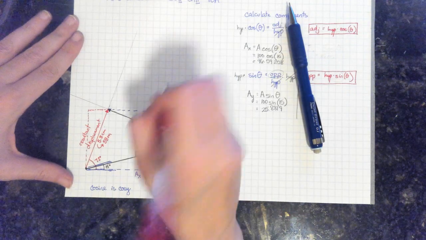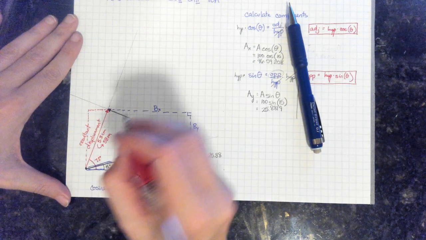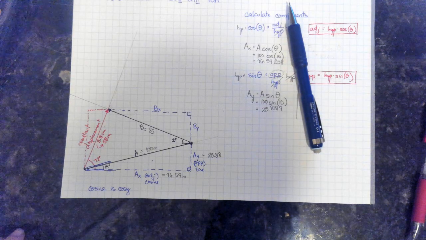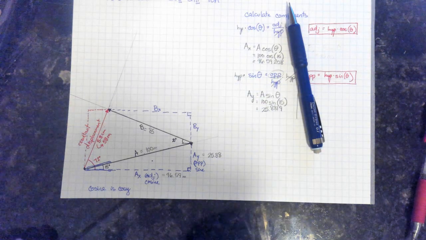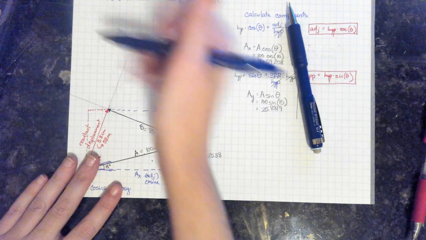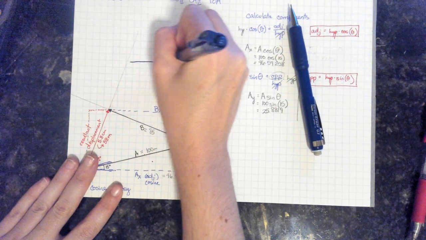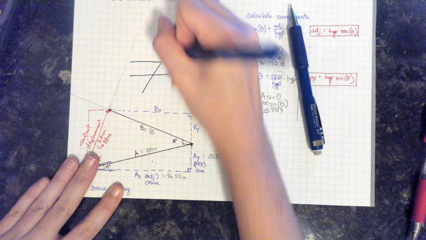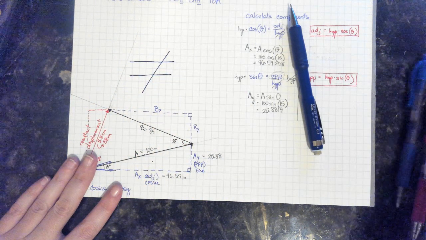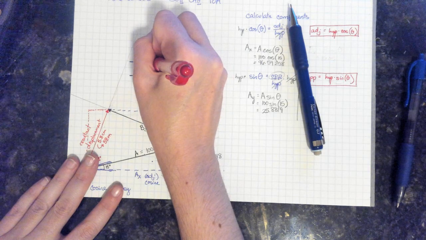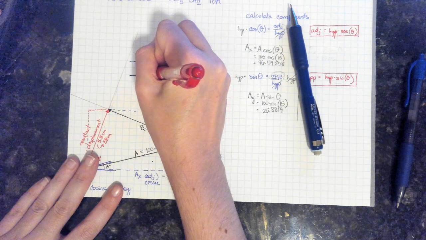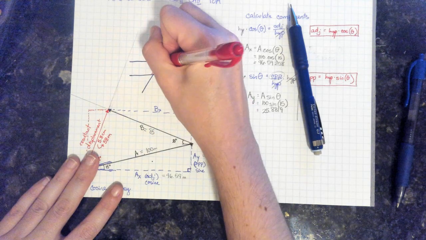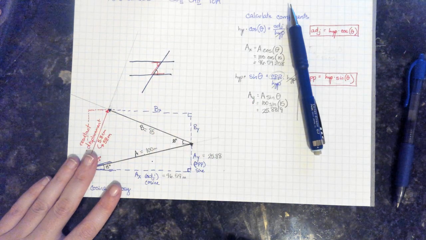This comes back to geometry. So in geometry, when you have two parallel lines that are intersected by the same line, any angles that make a Z are the same angle.